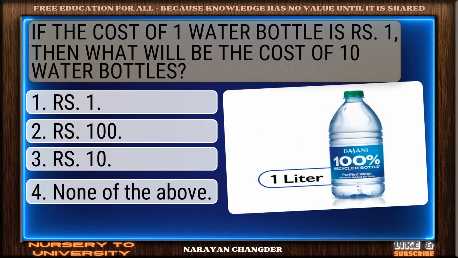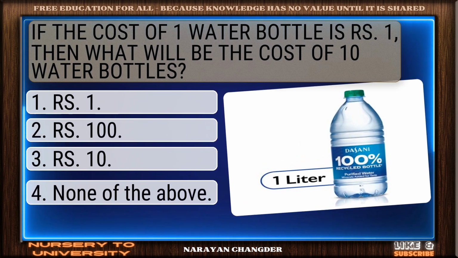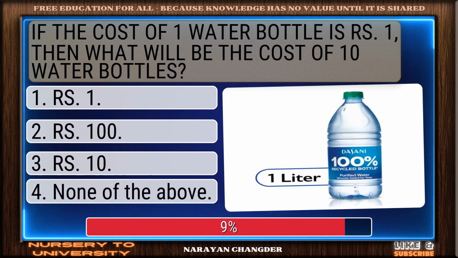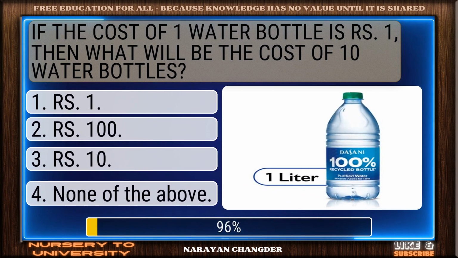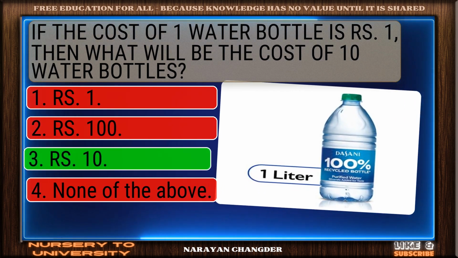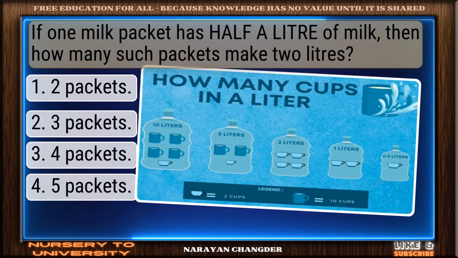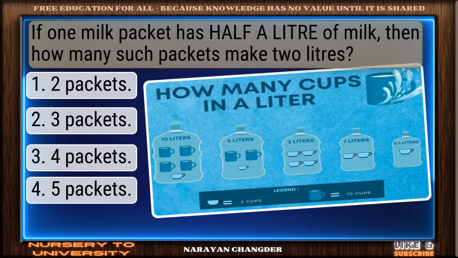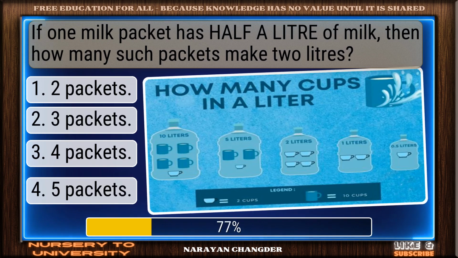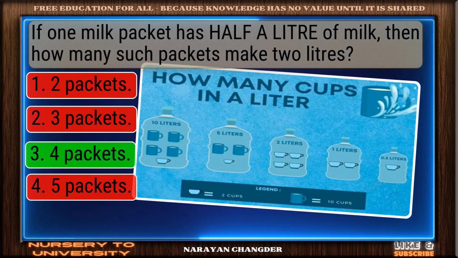If the cost of 1 water bottle is Rs 1, then what will be the cost of 10 water bottles? Good thinking. Rs 10 is the right answer. If 1 milk packet has half a liter of milk, then how many such packets make 2 liters? Clear logic. Your choice 4 packets is sound.